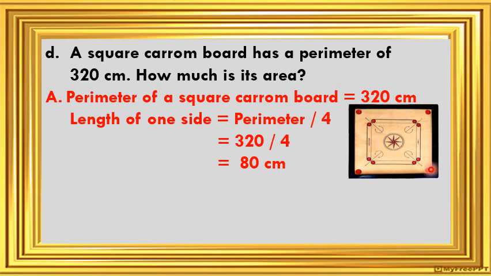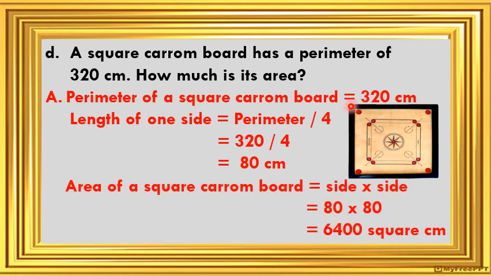So all the sides of the carom board are equal. Length of one side is perimeter divided by 4. That is 320 divided by 4. We get 80 centimeters. So length of each side of the carom board is 80 centimeters.